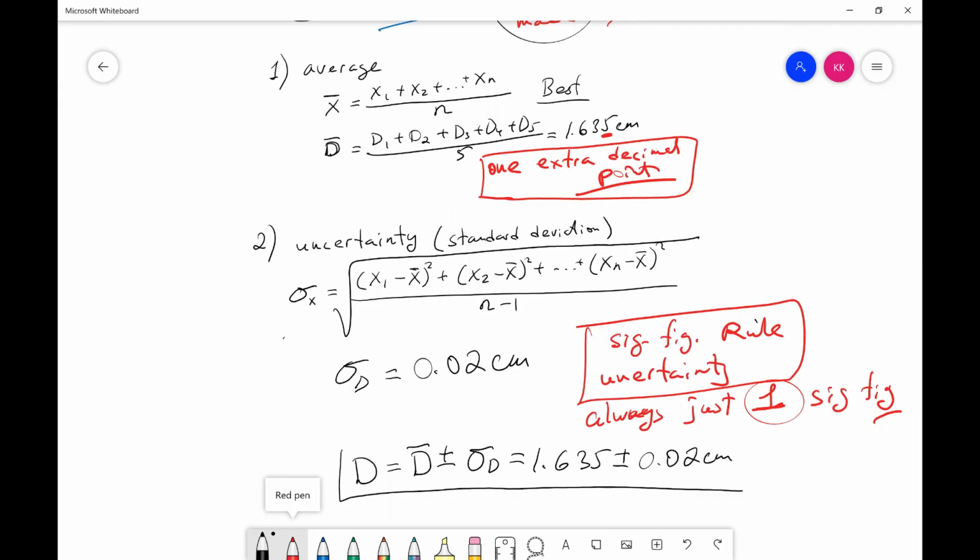And you will see every time you look at a real life research paper or something like that, when they give you information about their measurement, they will always have it like this. They will always have the possible value, but plus minus the uncertainty, because any measurement does come with uncertainty.